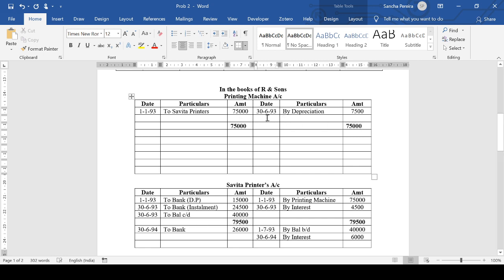So here you'll have it as by balance carried down. Here you have it as 67,500. Okay. Bring it down immediately. I'm sorry, I missed that.